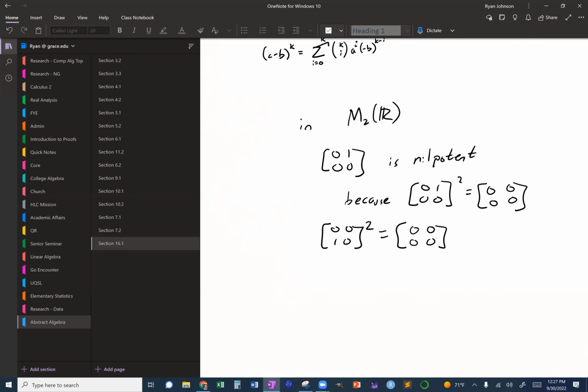But then what if I take one minus the other? That's A, this is B, so A minus B equals [[0,1],[-1,0]]. Now I'm just going to compute here and see what happens. I square that.